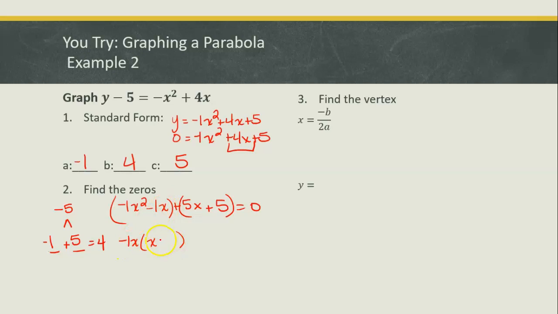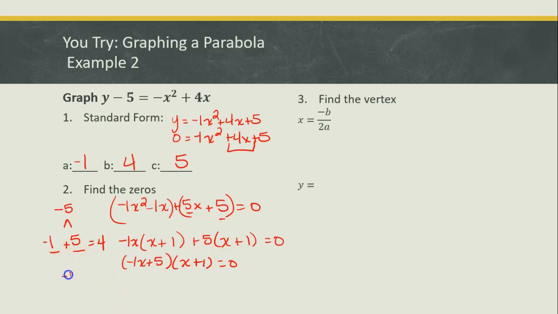Negative 1x divided by negative 1x is positive 1. Anytime we divide something by itself, we get positive 1. Here, the GCF is 5. Both of these are divisible by 5. 5x divided by 5 is x. 5 divided by 5 is 1 because anything divided by itself is 1. And that's still equal to 0. My factors now become negative 1x plus 5, and x plus 1 is equal to 0.